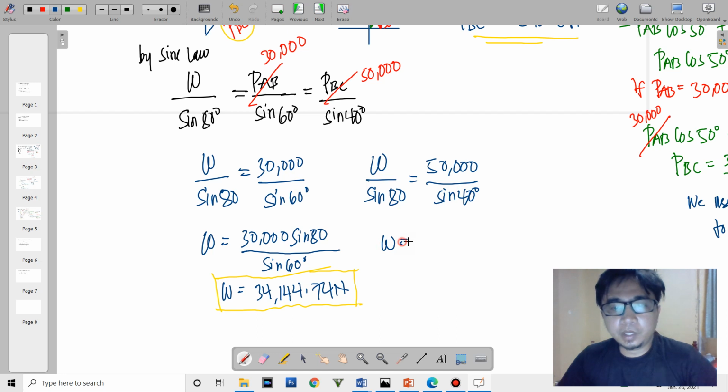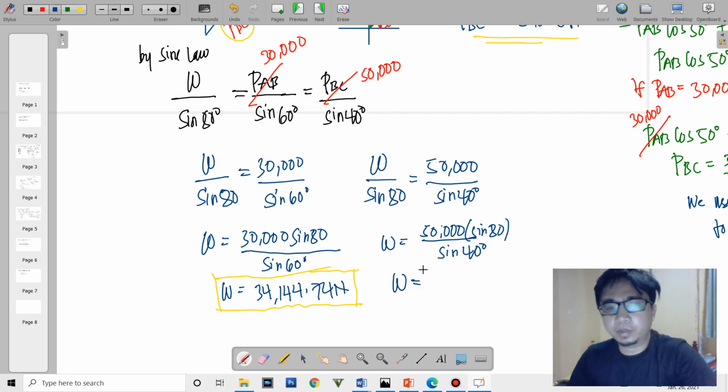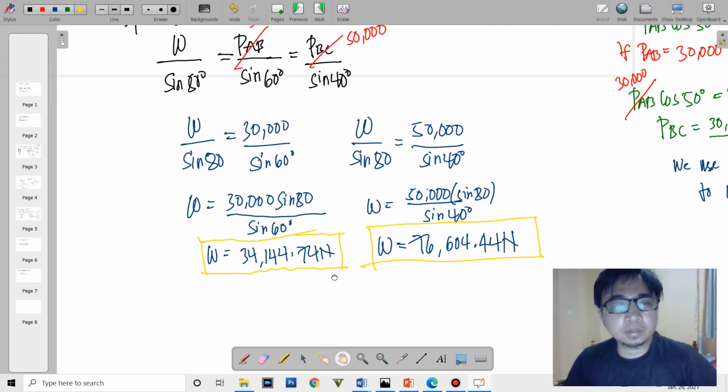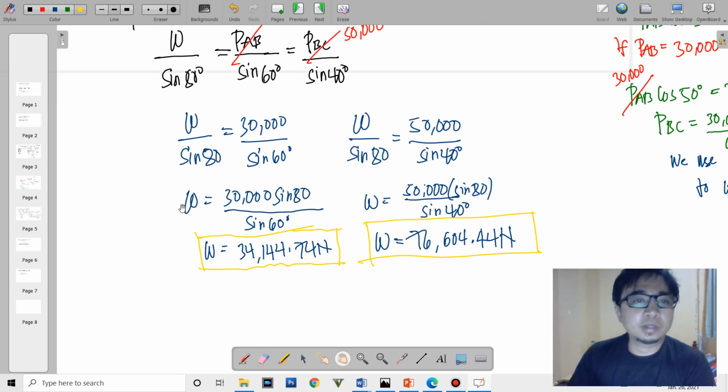So by cross multiplication and manipulation, we have 50,000 times sine of 80 all over sine of 40 degrees. So therefore, we will have a value of W equal to 76,644 Newton.